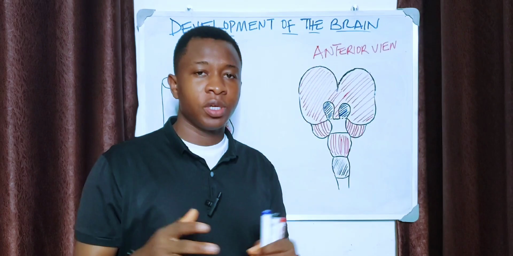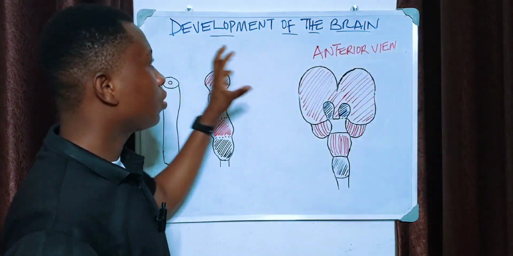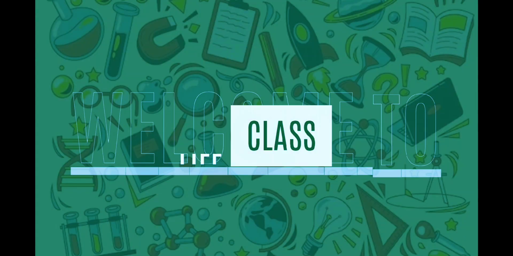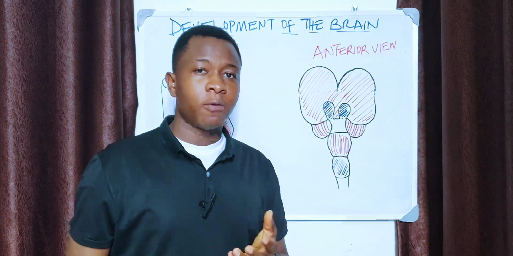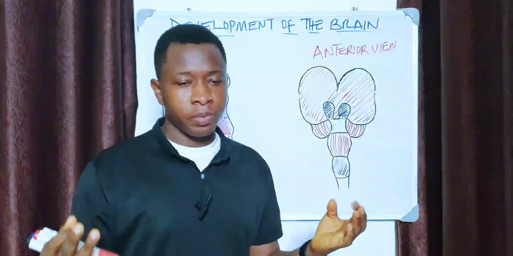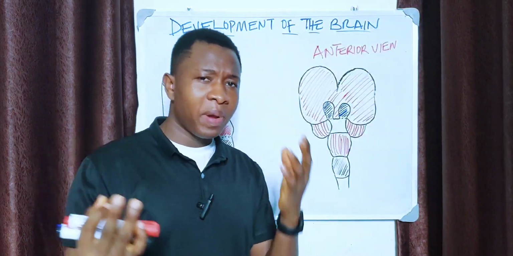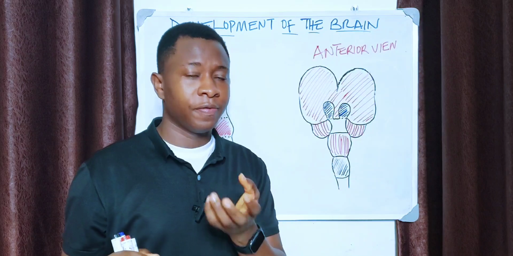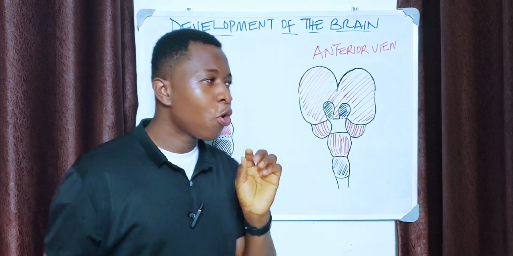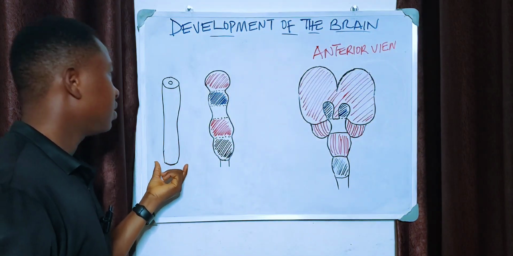Hey everyone, so we are going to be taking a look at the development of the brain. Now, amidst the convoluted and very complex nature of the brain, it actually starts developing from a hollow tube, which is this.